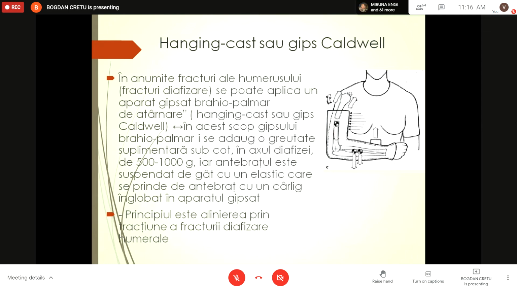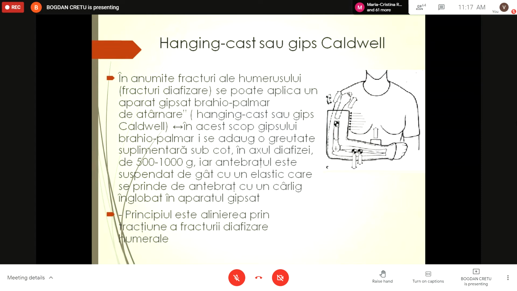The hanging cast, or the Caldwell-Gibson, is used especially in certain types of diaphyseal humeral fractures. It's a hanging cast because in the region of the elbow, we have some weight, 500 to 1,000 grams, and it will distract the fracture in the diaphyseal humerus.